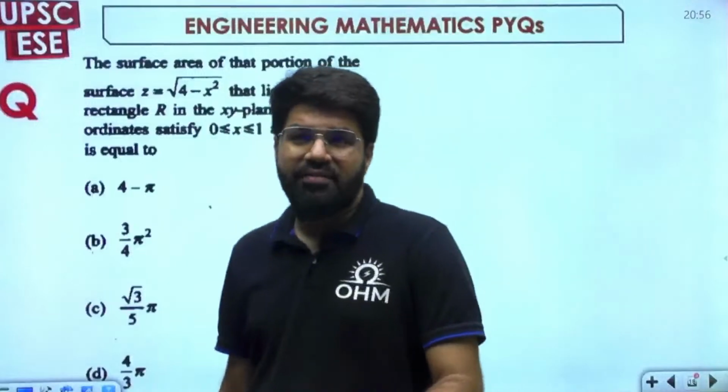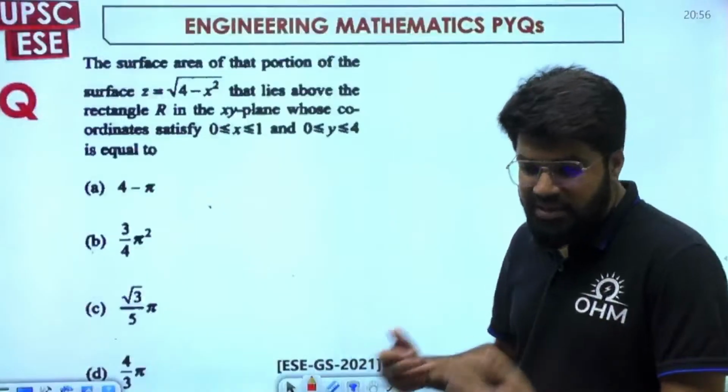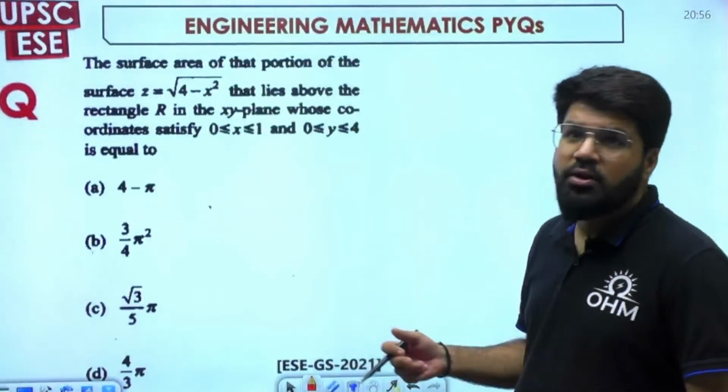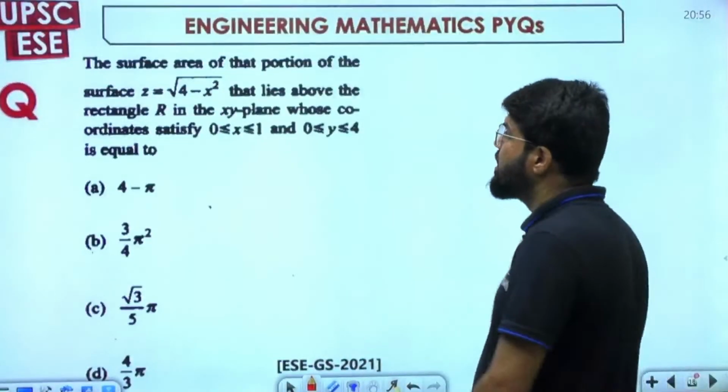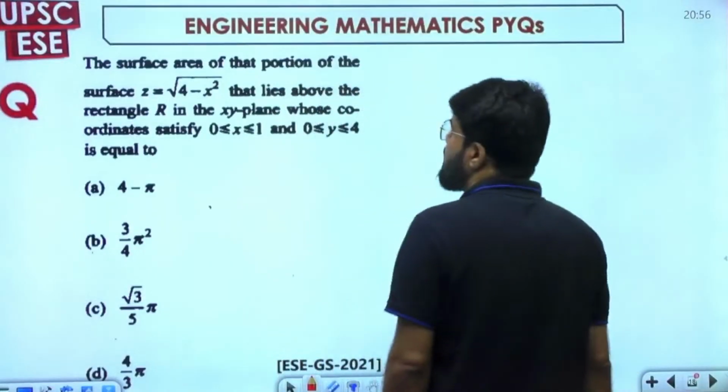I'll tell you the formula and I will solve by imagination also, because in many of the previous questions, imagination diagrams are simplifying, like the triangle question or the quadrant of the circle question. See, the surface area of the portion of the surface z equal to under root 4 minus x squared.